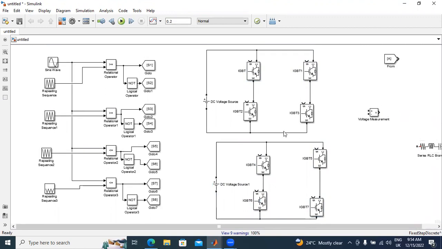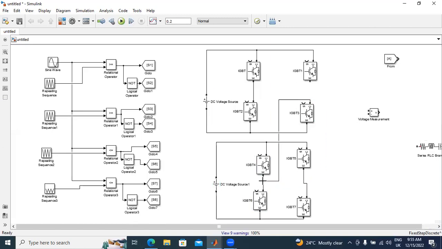Okay, now I will connect it to the second one, to here middle. This positive connected to here. This negative connected to here. The voltage. Now I will connect the switches here. Total 8 switches.